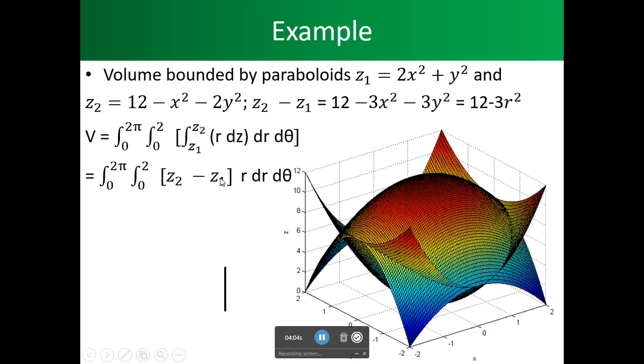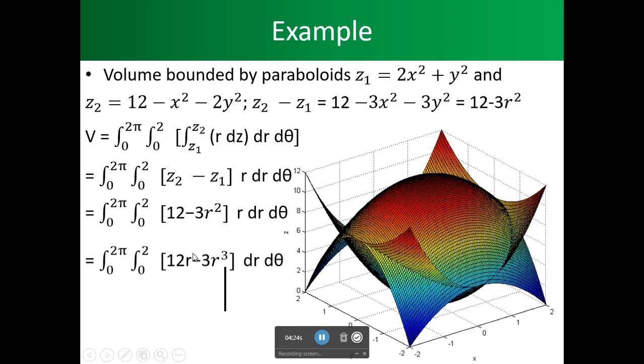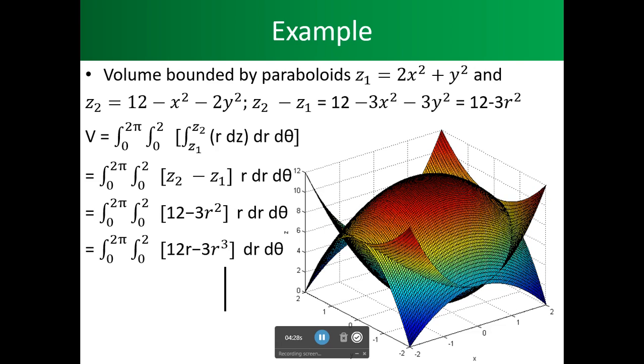And so now we can solve for z2 minus z1, which is 12 minus 3r squared. So we're going to take this 12 minus 3r squared and plug it in right into here. And then we're going to look at our integration again.